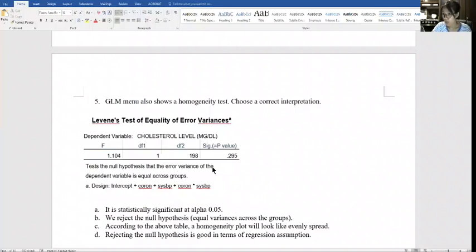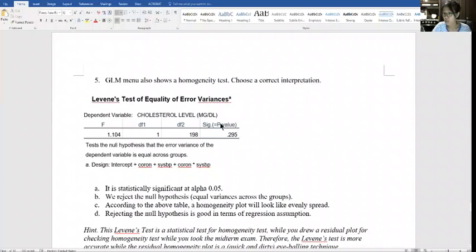So we satisfy this homogeneity assumption, and now the further analysis is trustworthy. Regression analysis is trustworthy because this assumption is satisfied. I think this is the only test where we do not want to reject the null hypothesis. We want a higher p-value in this assumption table.